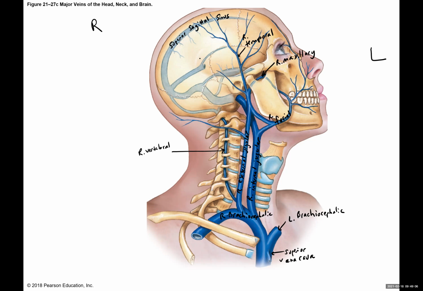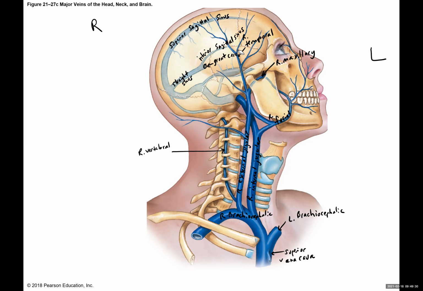We have also an inferior sagittal sinus, which is feeding into the straight sinus. Also feeding into the straight sinus, we see right here, it's cut, the great cerebral vein.